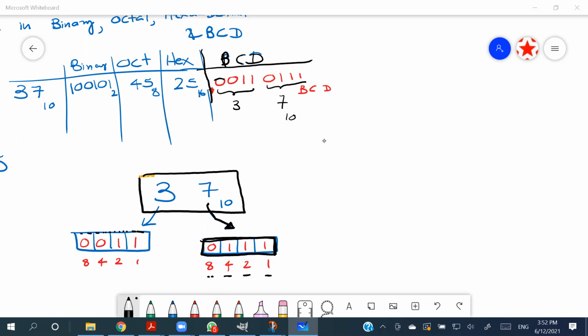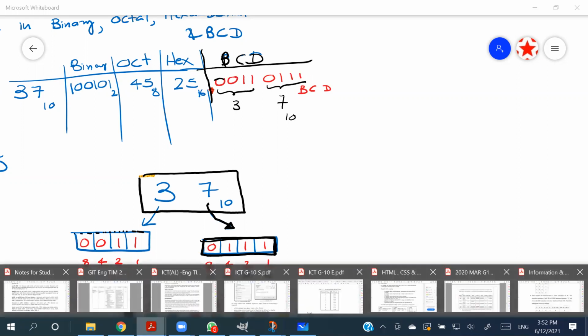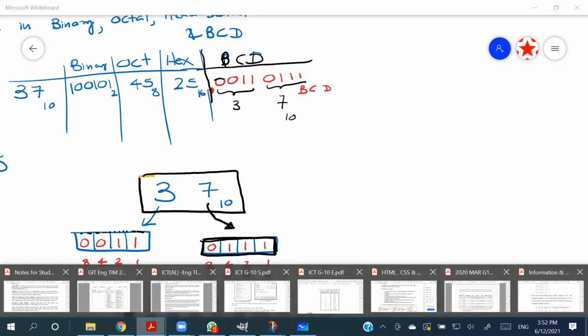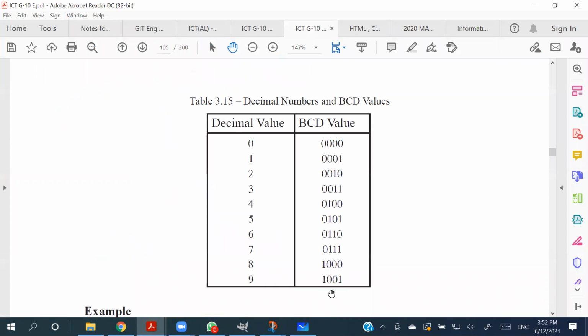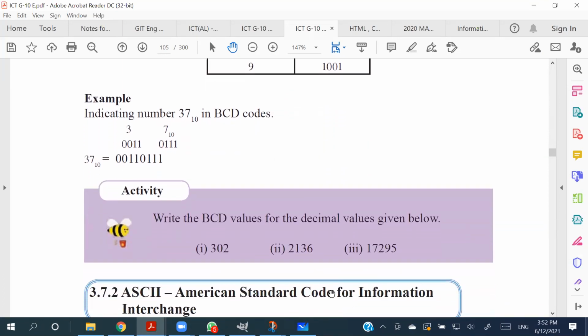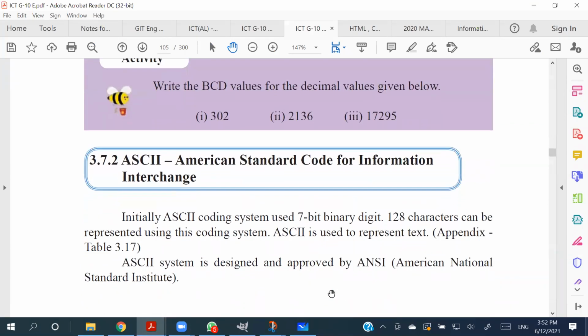Right. Then later, when the number of characters increased, computer scientists had to find another coding system. Then 4 bits were not enough. With 4 bits you can only represent 16 different characters. So they introduced a code called ASCII, American Standard Code for Information Interchange.